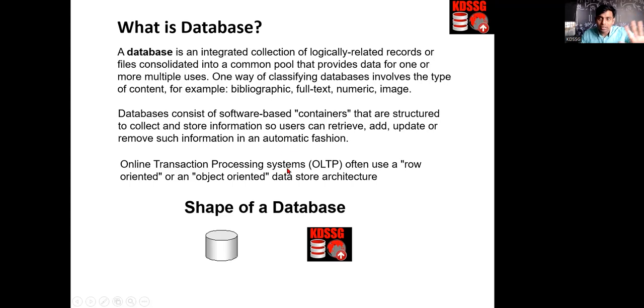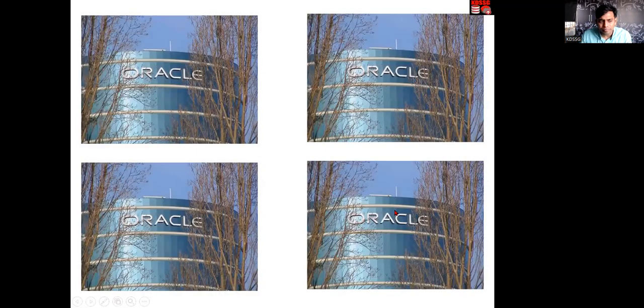It throws an error on your command and will not let you execute the second command. We have these wonderful capabilities, and that is why databases became famous. After databases became famous, somebody decided on a cylinder shape. The cylinder shape is recognized for databases. And then I told you this.